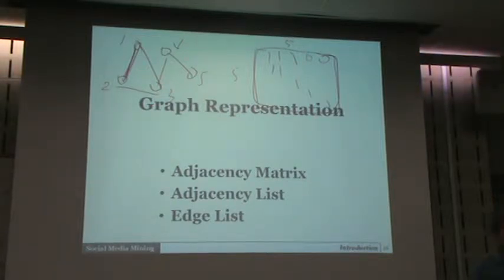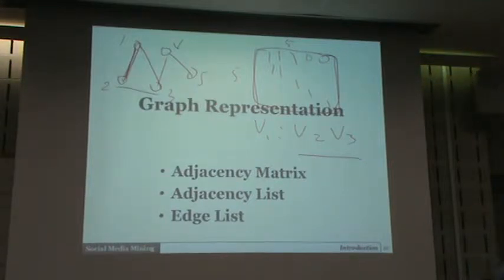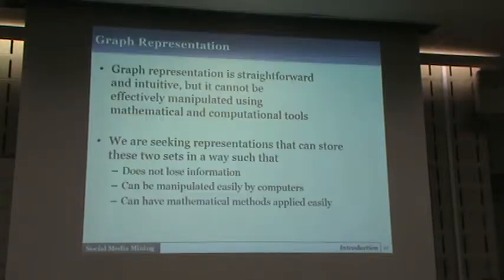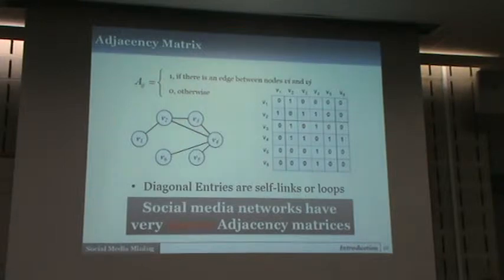Adjacency list is, for V1, it has V2, V3. You can list who are adjacent. That is the list. Edge list is similar, it's the opposite. So depending on the edge, which one is connected. So it's a 0, it's not 1.